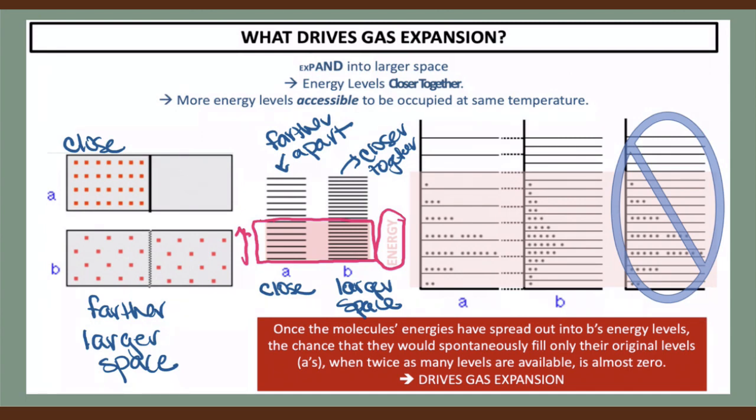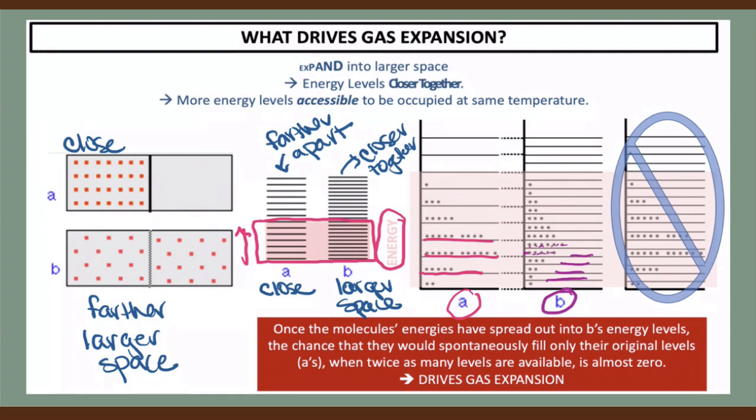Let's go to the final picture. In A, where they were far apart, we only had a rung here, a rung here, a rung here. They could only be arranged on different levels. But once they spread out into a larger space in B, now we have these real close levels. These 5 molecules are in that rung, and these 6 molecules are in this rung.